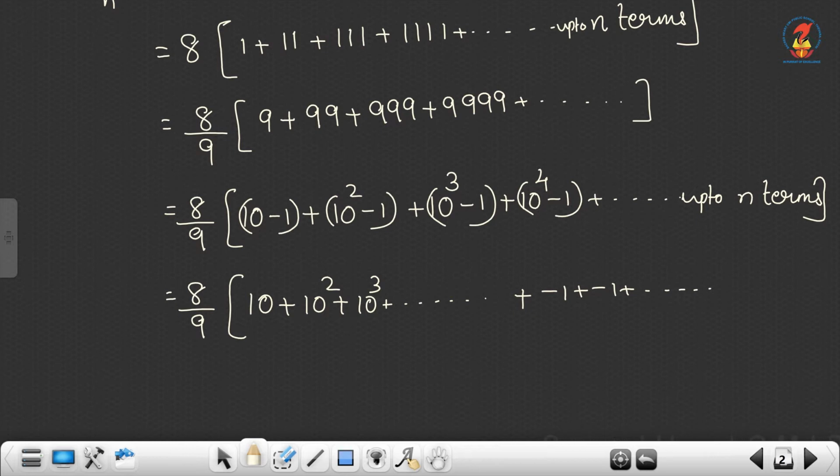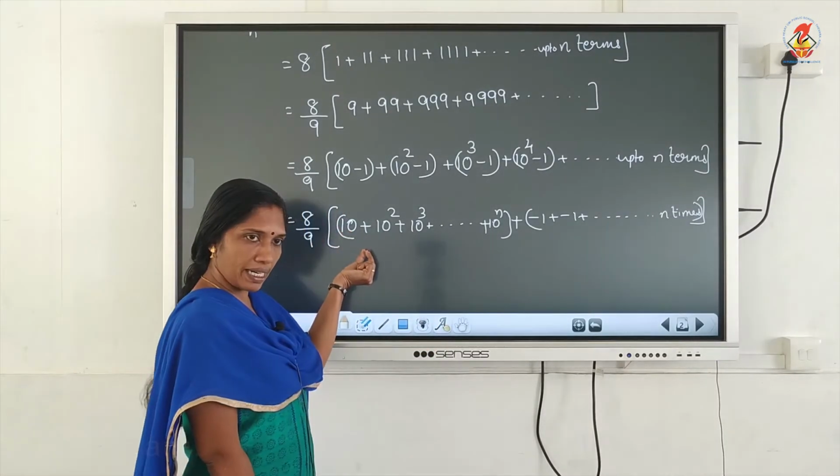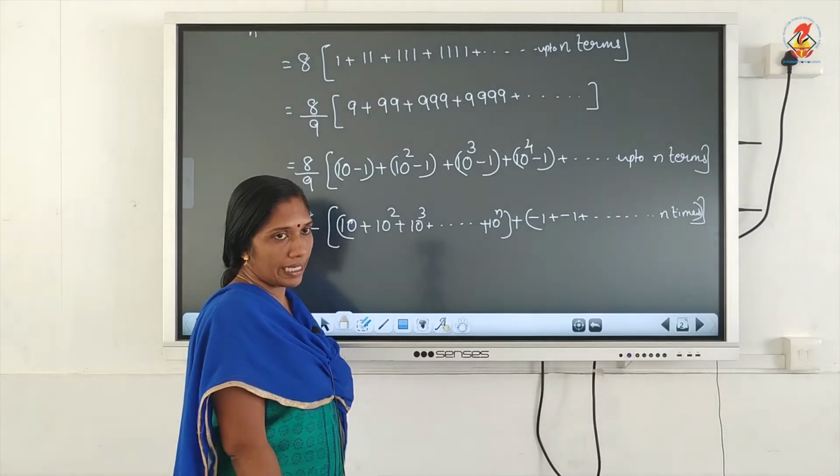How many minus 1? N times. Okay. Minus 1 n times. That put in one bracket and this is in another bracket. n terms. Can I write 10 raised to n? Is it GP? It is GP with first term as 10 and common ratio as 10.